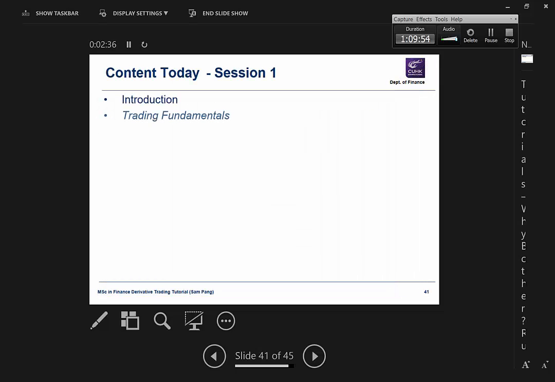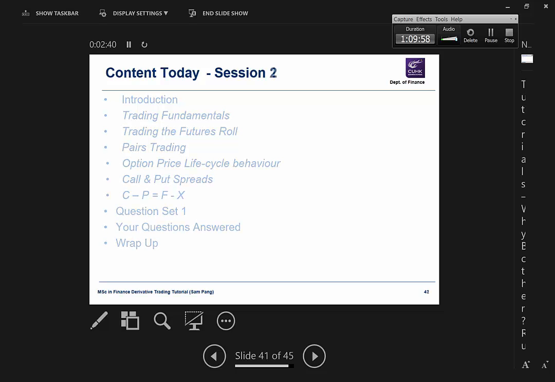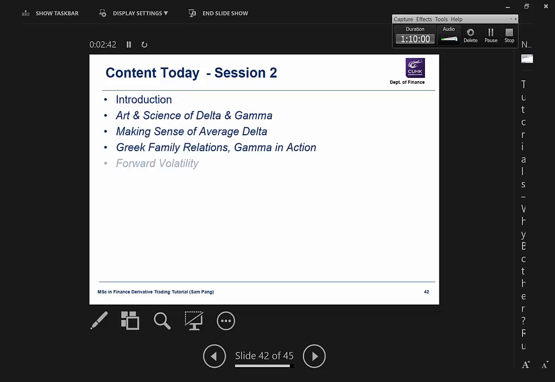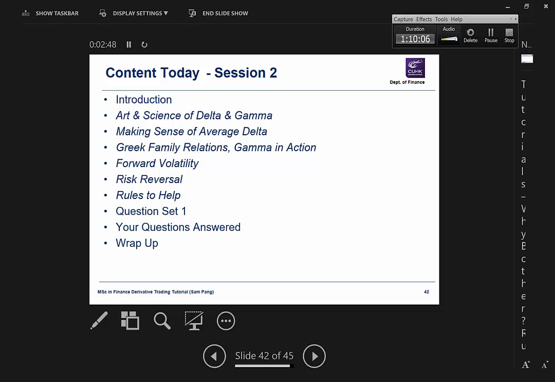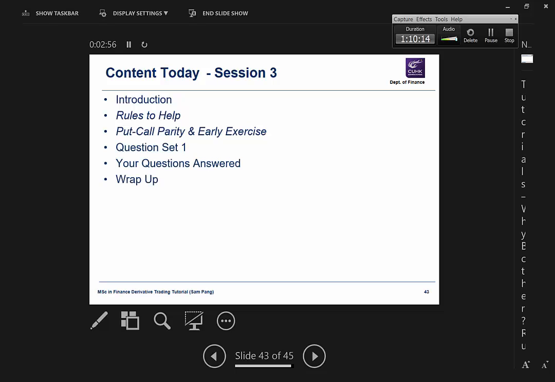Other than that, this is what we have done so far. So this was session 1. And then session 2, we talked mostly about the Greeks and the forward vol, and then the rules. And last time we went into put call parity, and then the question set. And then today we actually covered quite a lot.